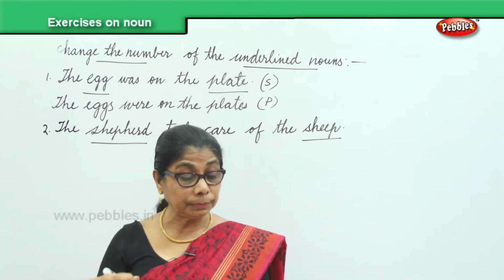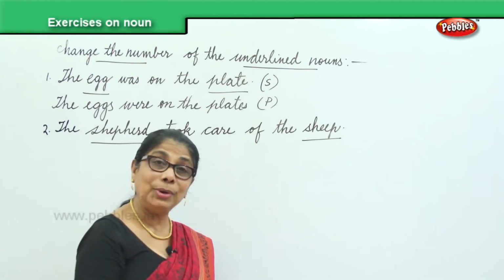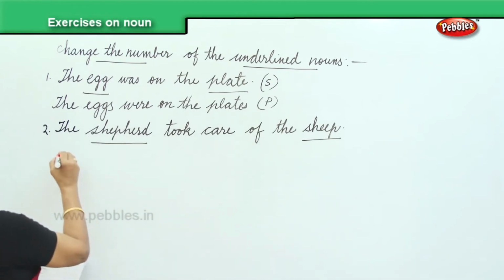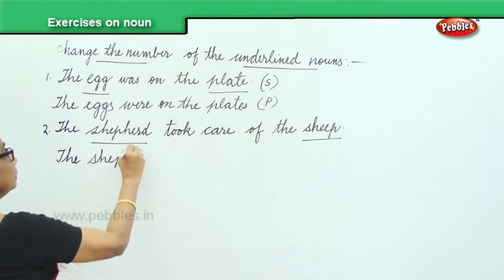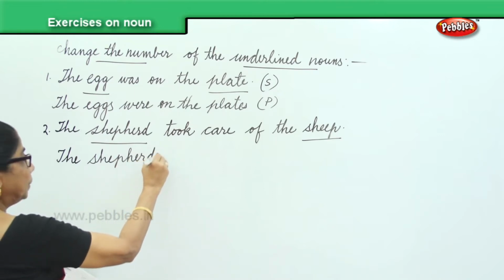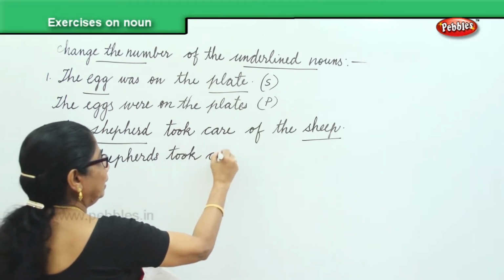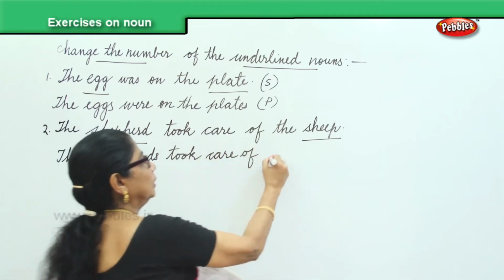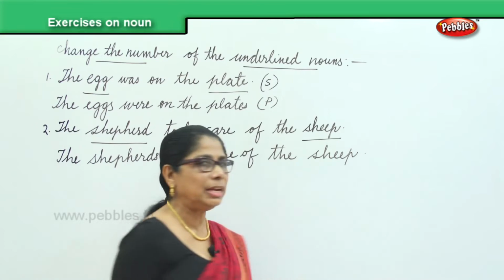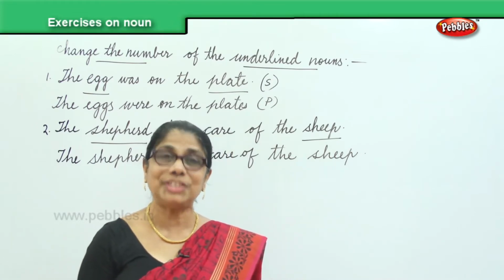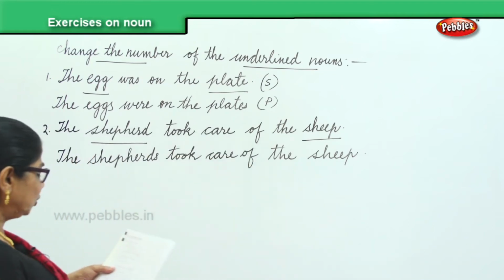The shepherds took care of the sheep. The sheep, singular or plural, it remained the same. So you will say the answer is the shepherds took care of the sheep. That is singular sheep, one sheep, many, 100, we say sheep. So we are getting practice. Okay. Now, next one.